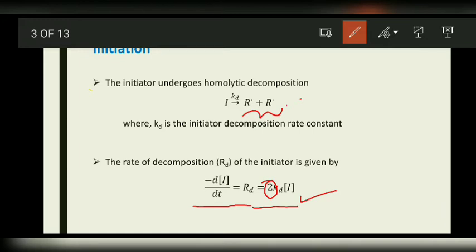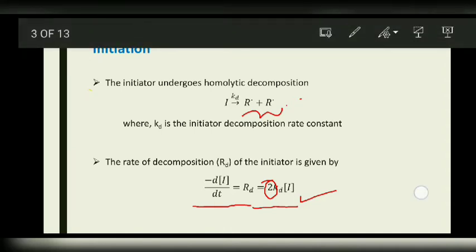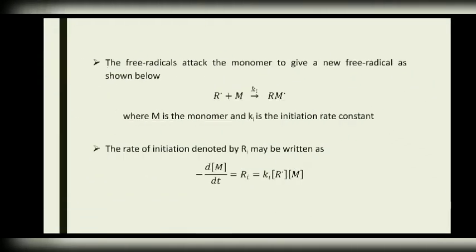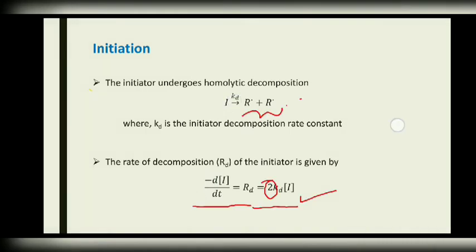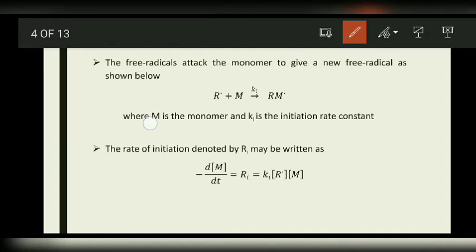Then what happens? The free radical produced here attacks the monomer molecule in order to give a new free radical, as shown in this reaction. Here M is the monomer and Ki is the initiation rate constant.